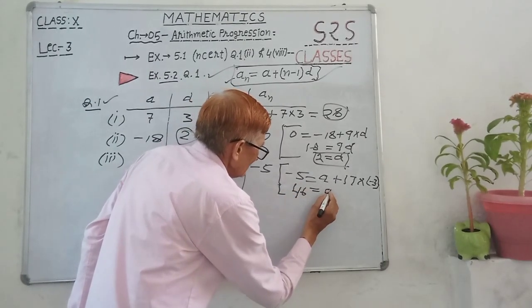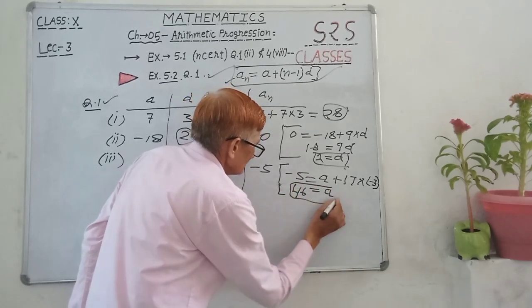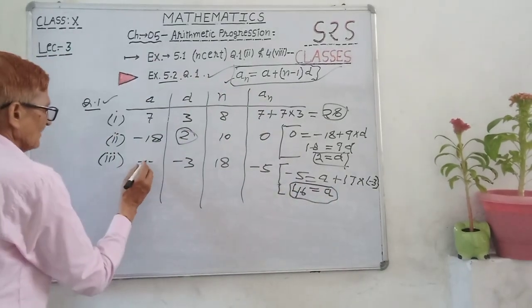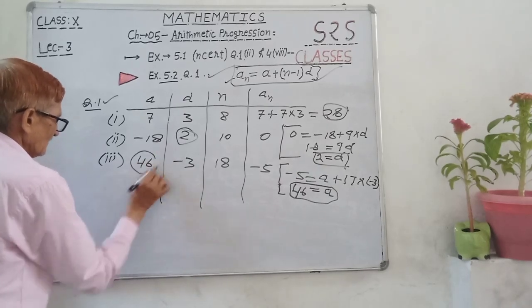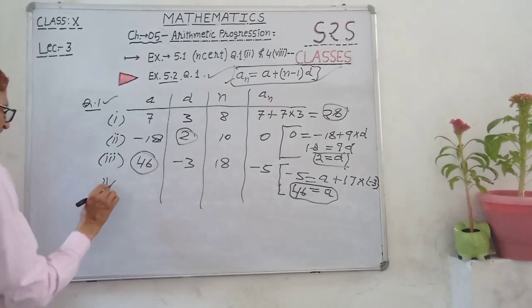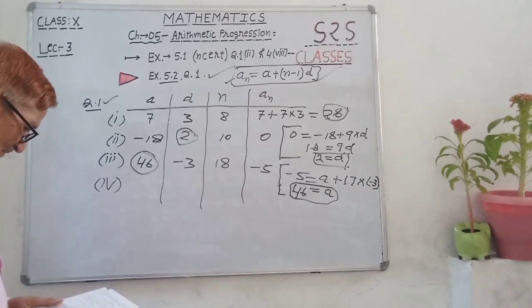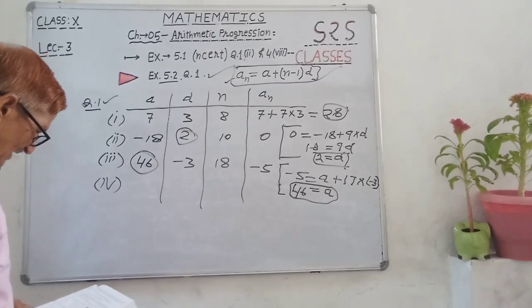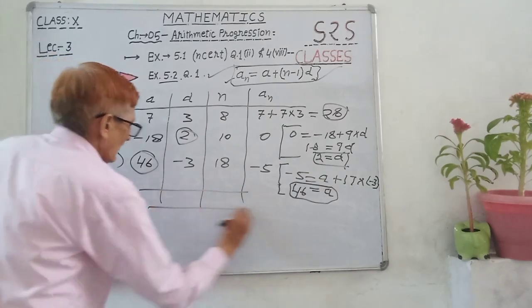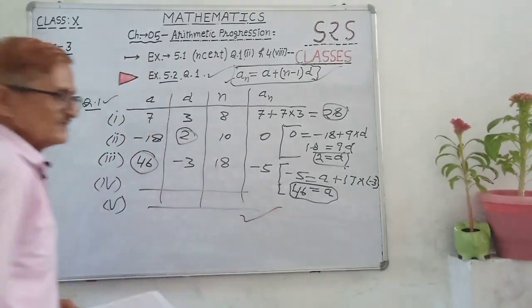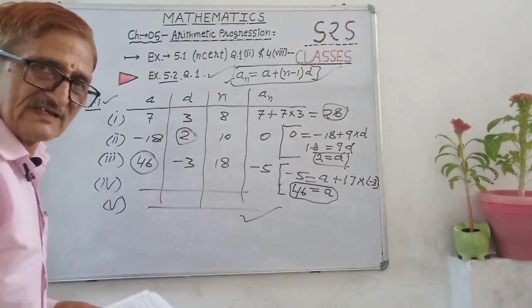So A is equal to 46. Fill this. Similarly, the fourth part we can do and the fifth part we can do. You will do these, okay? You have to do this similarly. These parts we can do easily, okay?